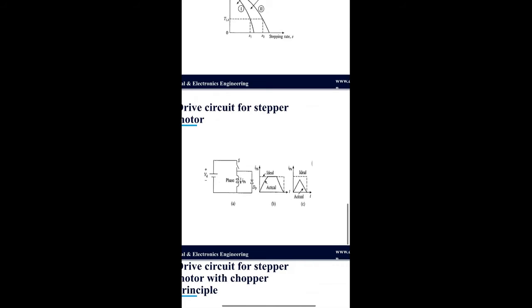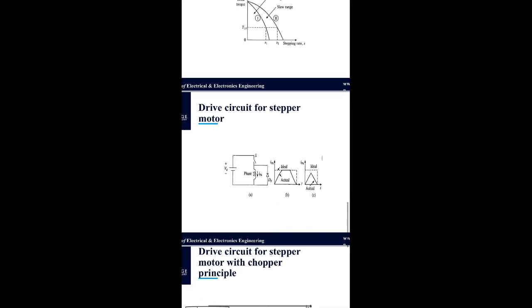This is a drive circuit for stepper motor. A stepper motor is usually driven from a low voltage DC source. Here VD is a low voltage DC source in the figure. When a phase is to be energized, the DC source is connected to the phase by a semiconductor switch.